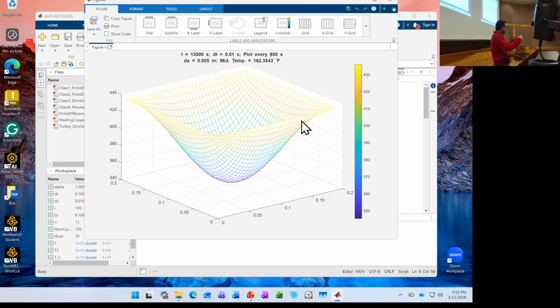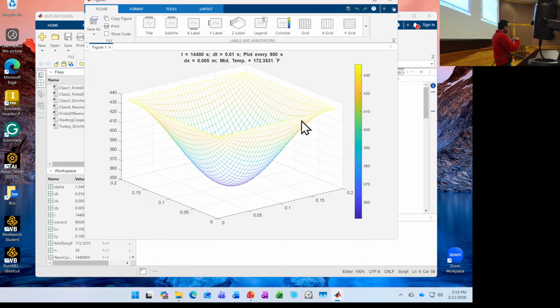So this is a simulation where we're saying, I want to see how the temperature at the middle of my turkey changes as a function of time based on Dirichlet boundary conditions. Okay? And I got to see, oh, after 10 minutes, it's this temperature in the middle. How long do I have to cook my turkey to get it to a healthy 165 degrees Fahrenheit? Okay? That's the type of problem we're going to be solving.